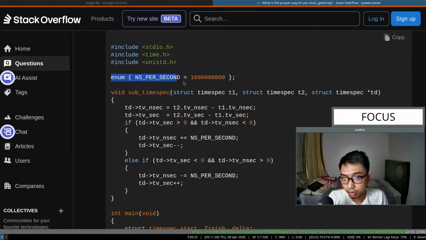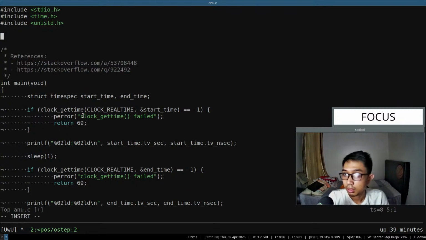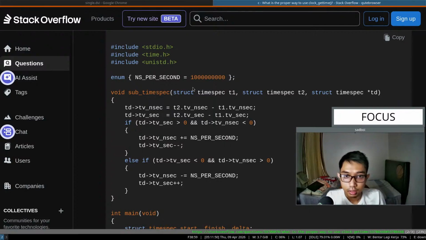I'm not sure why we use enum instead of macro here. Let's try using macro instead. I'm just curious. How many zeros is this?